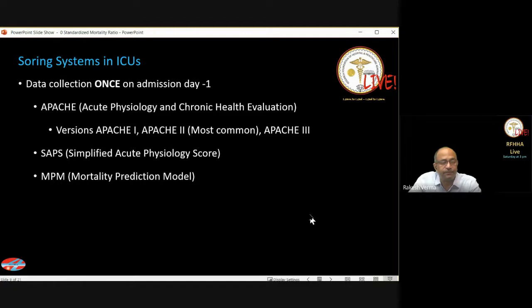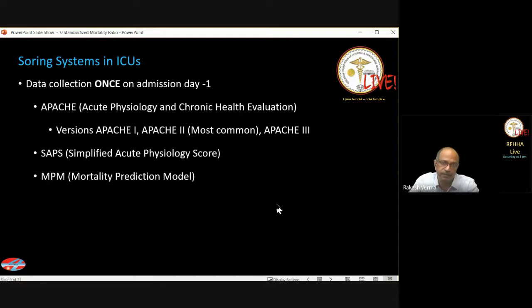Now, we can also classify the scoring systems based on the number of times they collect data. So scores like APACHE or SAPS or the MPM collect data just once. So once the patient enters the ICU on admission day number 1, the score is calculated, and that's the end of it.